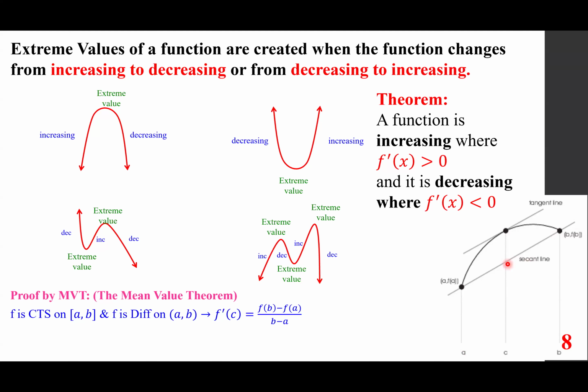Because the function is continuous in the closed interval and differentiable in the open interval, differentiable meaning nice and smooth in essence, there must be a point where the tangent line is parallel, some point C where the tangent line is parallel. And this is equivalent to that if I do the cross product here.